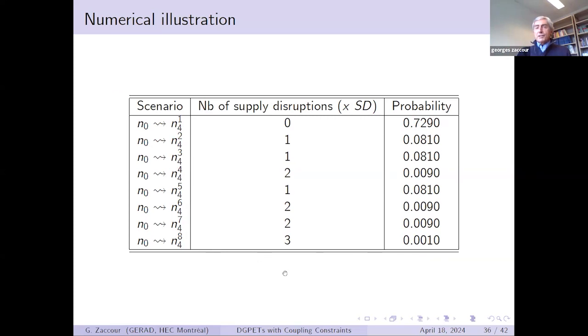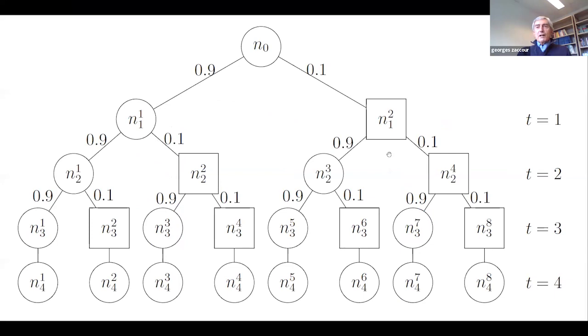Why am I highlighting this? Because, for instance, if you want to compare what is happening along this particular scenario with something else, you have to be careful, because each scenario can be compared to its own scenario, but when you vary maybe some parameter values.